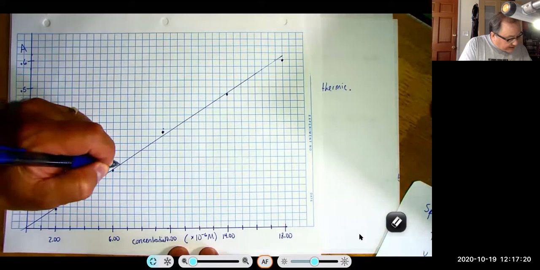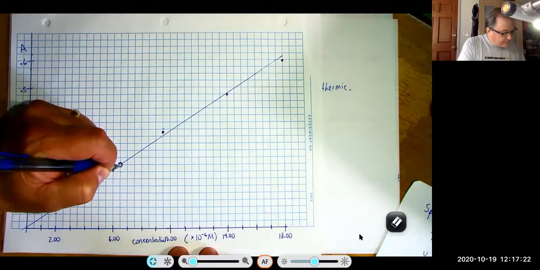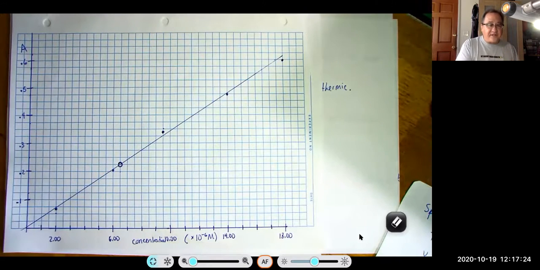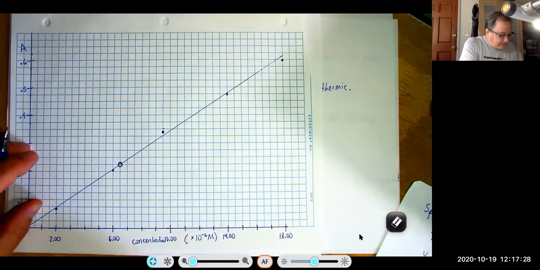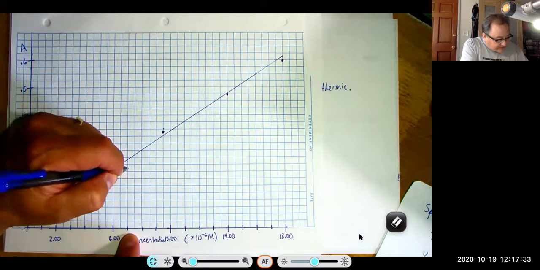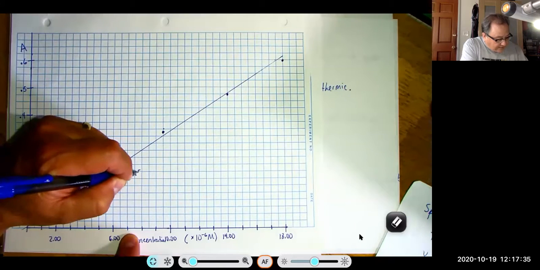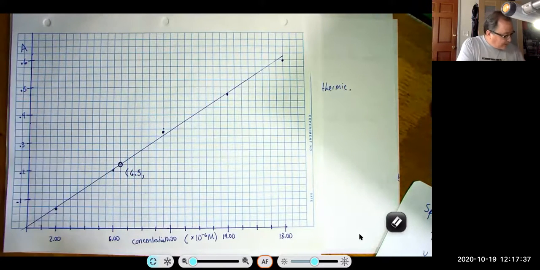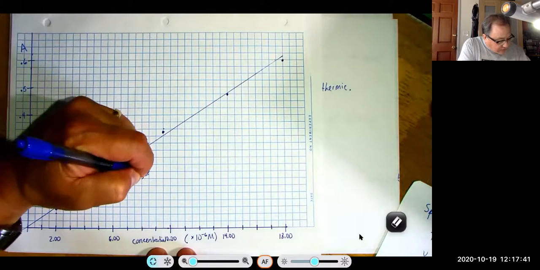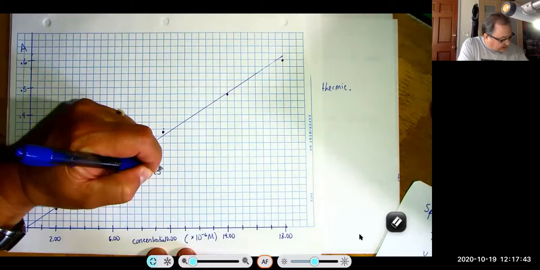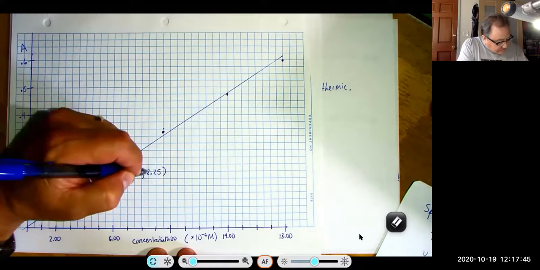Can everyone see that this right here is right on a set of crosshairs? So I should be able to read that pretty easily. So this is 6, this is 7, so this has to be 6.5 precisely. And if this is 2 and this is 3, then this must be 2.25 precisely. And actually, I made a mistake.